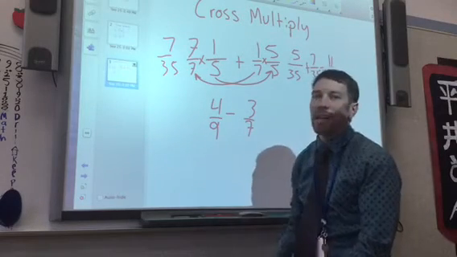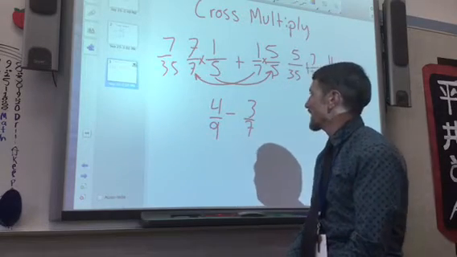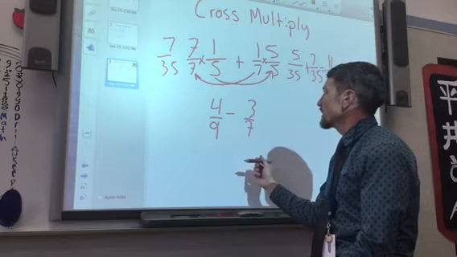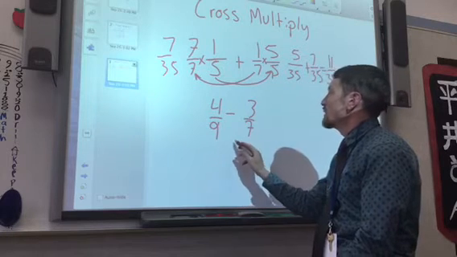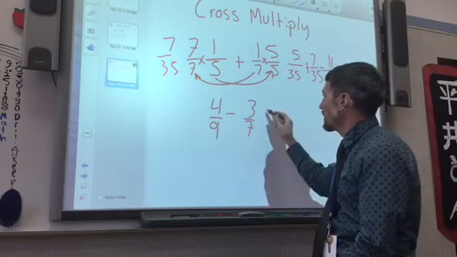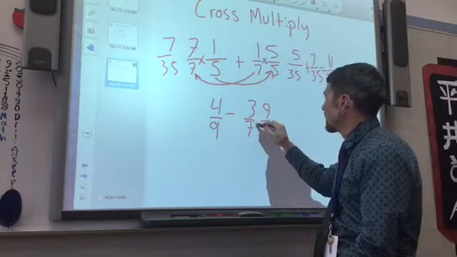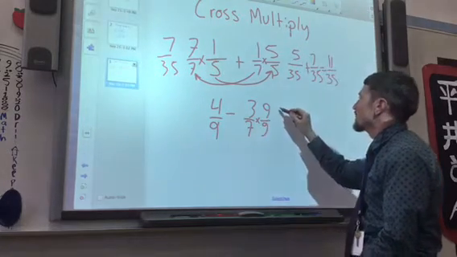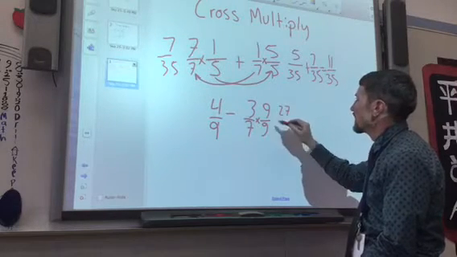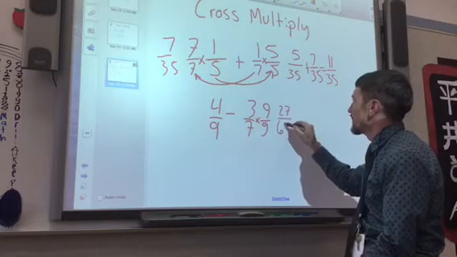Let's look at that again here. I know that 7 will not go into 9 evenly, so I'm going to cross multiply. So I'm going to multiply the 9 over here. 9 times 3 is 27. 7 times 9 is 63.